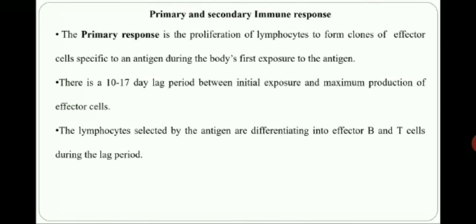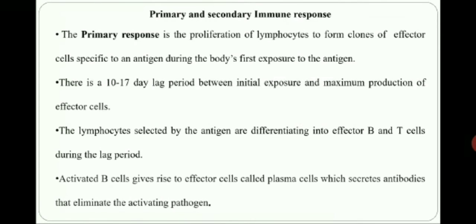The lymphocytes which are selected by antigen are differentiated into B and T cells during this lag period. Activated B cells give rise to plasma cells which secrete antibodies and help in the elimination of the pathogen.